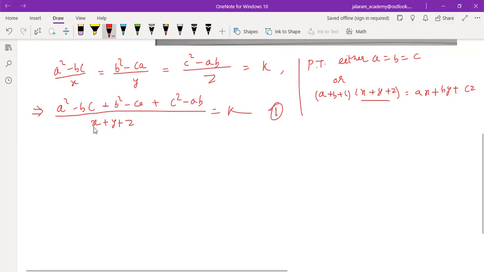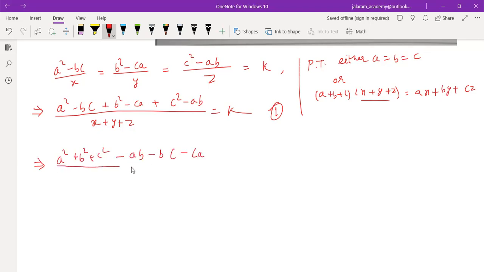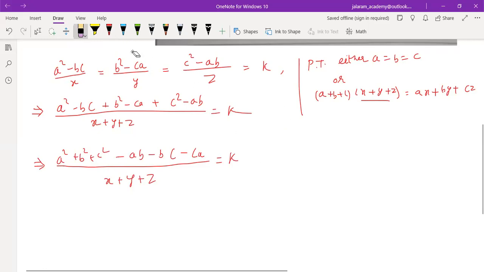First, it is a square minus bc plus b square minus ca plus c square minus ab upon x plus y plus z equals k. And if we write it like this, a square plus b square plus c square minus ab minus bc minus ca over x plus y plus z equals k. Now, can you tell a formula which involves this numerator? Anyone?